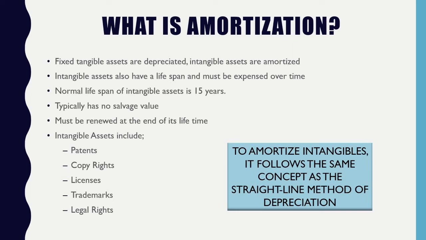Now, when we talk about intangible assets, what are those? Those are going to be your patents, your copyrights, your licenses, your trademarks. So again, intangible assets are things that you own, you have ownership over, but they have no physical, tangible characteristic.